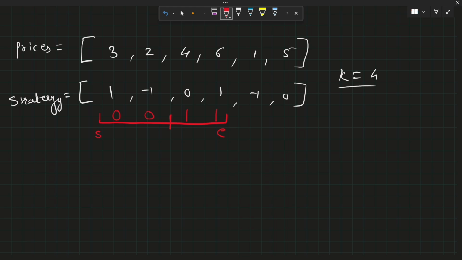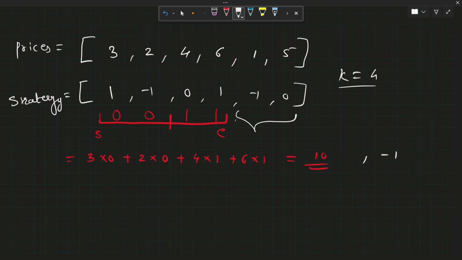So what we will do is, first we will calculate the answer from start to end, and it would be simply 3 into 0 plus 2 into 0 plus 4 into 1 plus 6 into 1, which is equal to 10. Great. Now for this part we will separately consider the answer, and it would be 1 into minus 1, which is minus 1, and 5 into 0 is 0, so it would be minus 1.